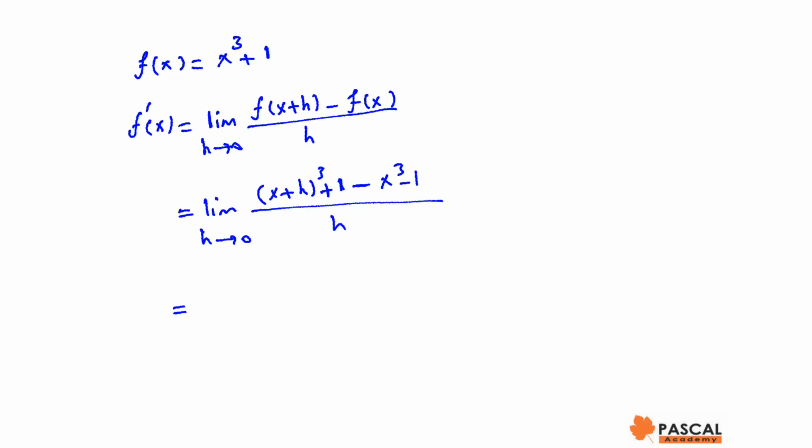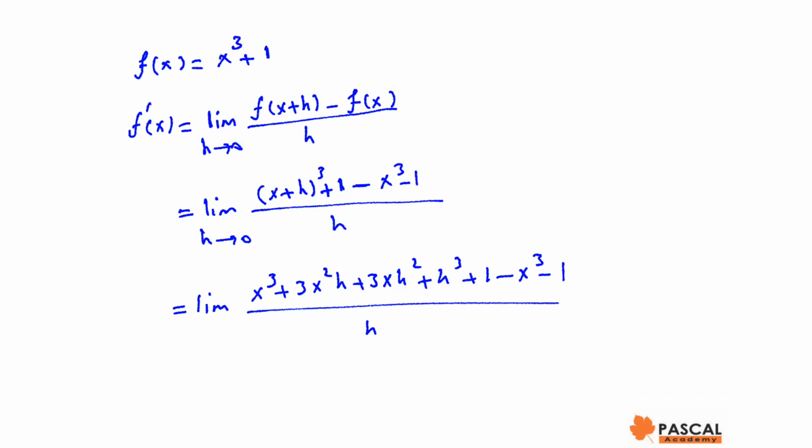This limit is equal to the limit of (x^3 + 3x^2h + 3xh^2 + h^3 + 1 - x^3 - 1)/h as h approaches 0. x^3 and x^3 cancel. 1 and 1 cancel.